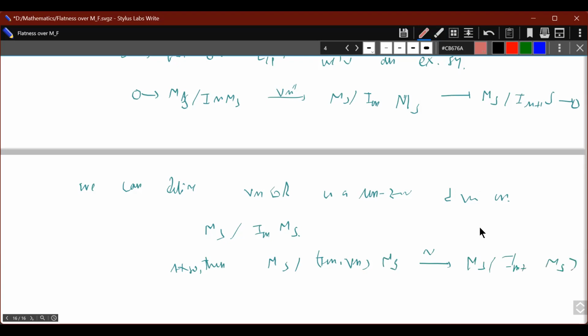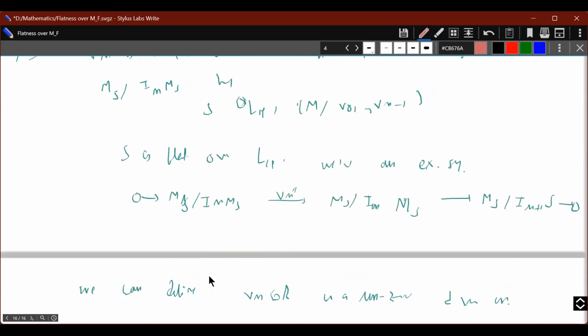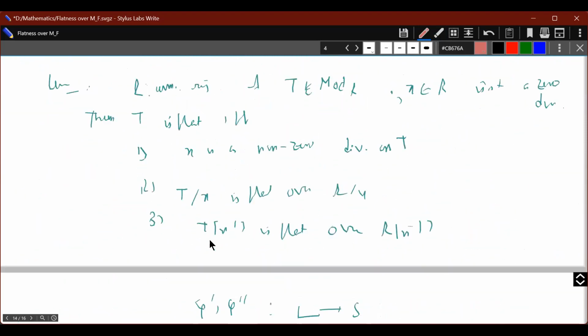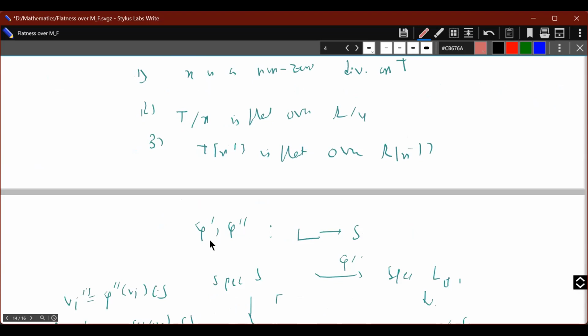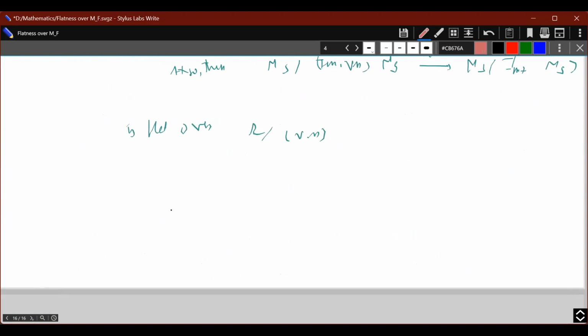It's flat. So this is basically the inductive analysis. Then we can use the previous lemma. So by the previous lemma, the last one, the third one, it suffices to check that it's flat.